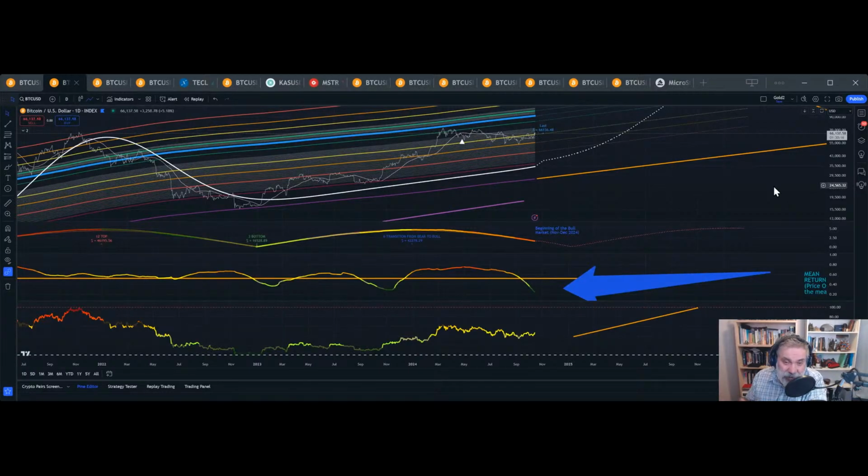That they do exist is because people follow them. Sometimes it's a self-fulfilling prophecy, or maybe there is something deeper where people see certain trends and try to follow the price in certain ways. But here it seems much more natural, right? Because it's all calculated mathematically based on this observed power law behavior of Bitcoin.